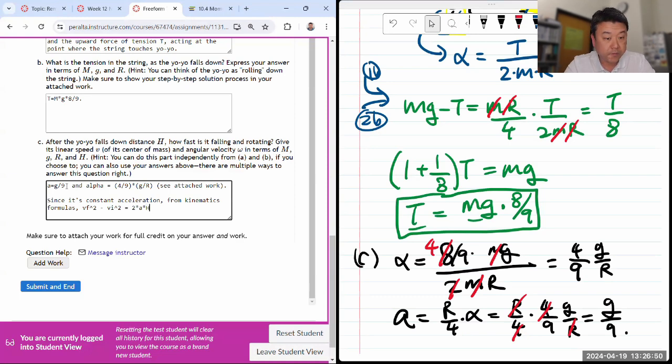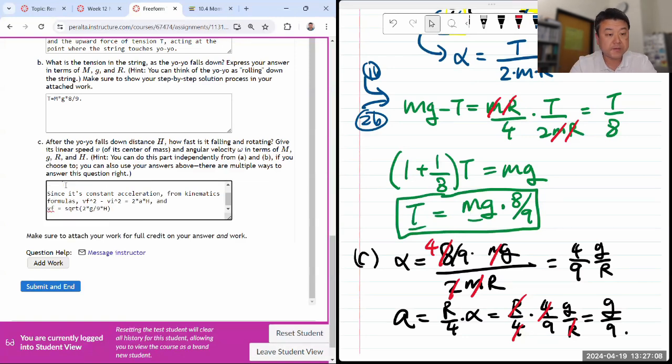So I can solve this for vf, and vf is equal to the square root of, since v initial was 0, 2 times the acceleration, g over 9, times the height h. So that should be the final speed.